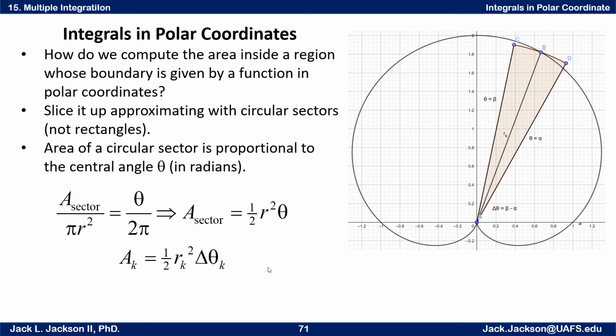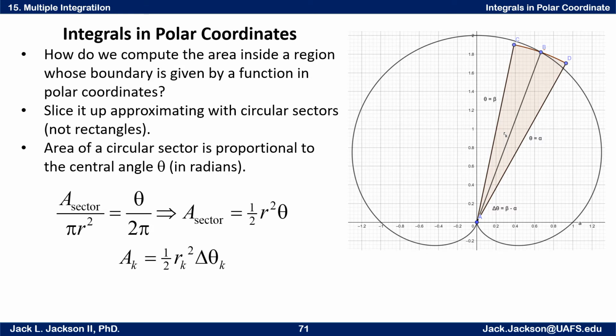Or if we think of this as one particular slice, like the kth slice, then we have an r sub k for that slice. That particular r sub k is that length, that radius. And then we have that delta theta, which is delta theta sub k, the delta theta for that kth slice. And this is the area of that kth slice.